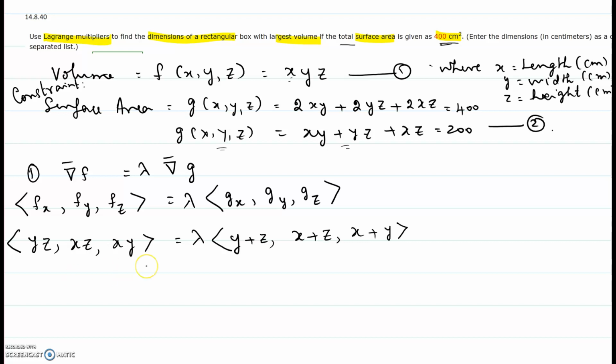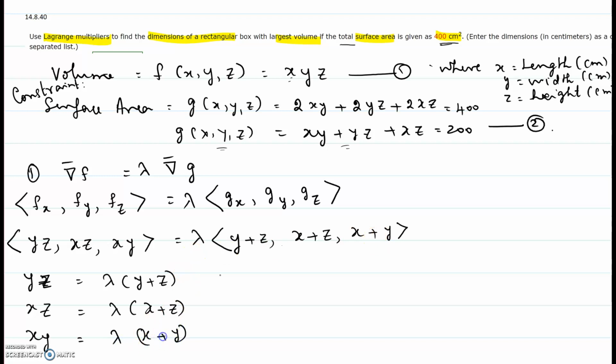Now we are going to equate the corresponding components. yz equal to lambda times y plus z. Then xz would be lambda times x plus z. Then xy would be lambda times x plus y.